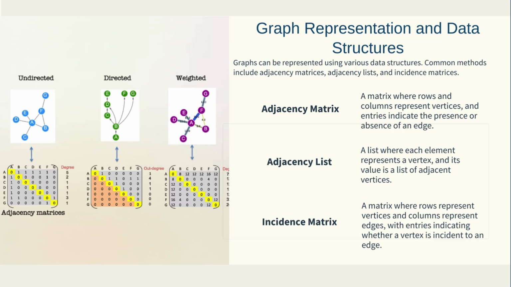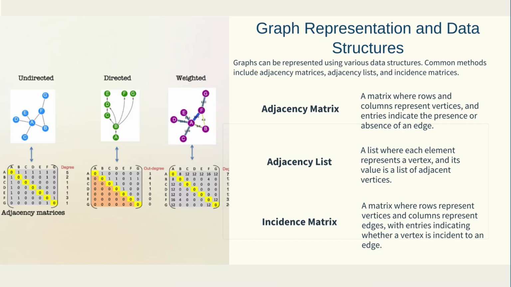A matrix where rows and columns represent vertices and entries indicate the presence or absence of an edge. If the graph is unweighted, the matrix can be binary. 1 for presence of an edge, 0 for absence. If the graph is weighted, the matrix can store the weights of the edges.